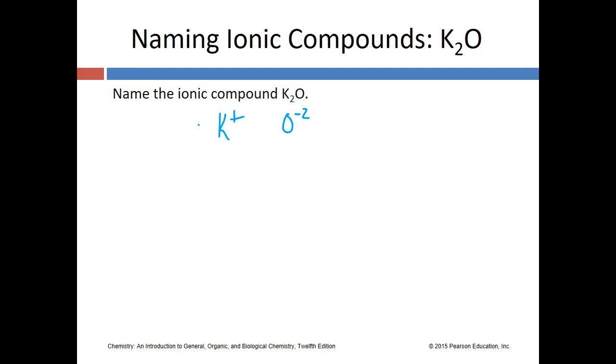Either way that we do it, we're going to end up with K, which is potassium, and O2-. O is oxygen, but we need to turn that into its ion name, which would be oxide. Put those two together, and we have potassium oxide. That's the name of our substance here.